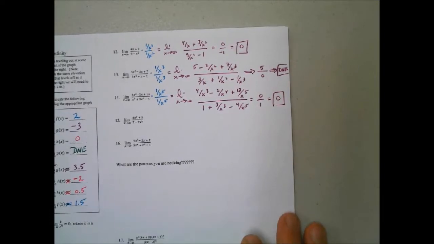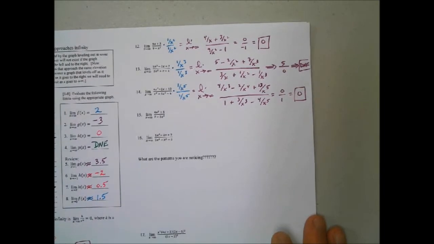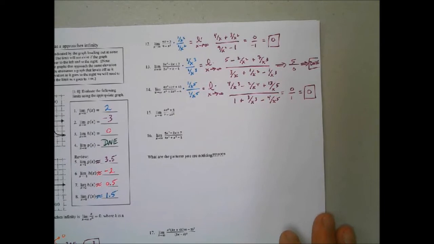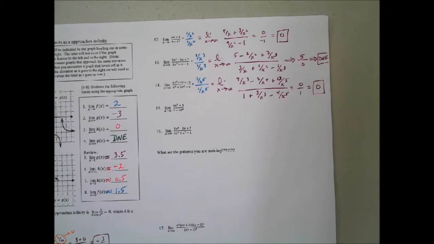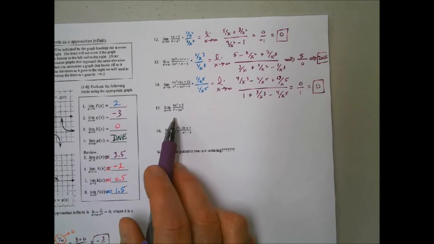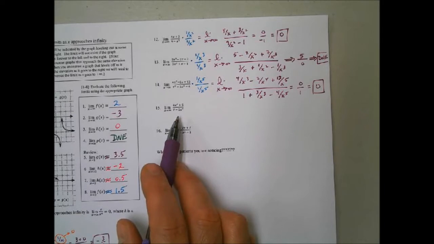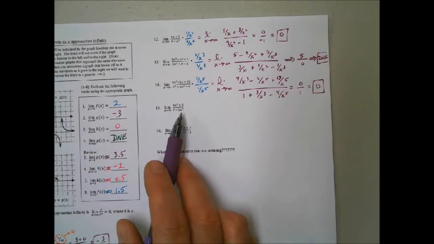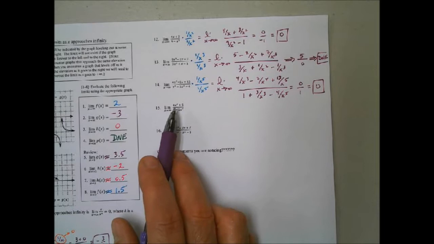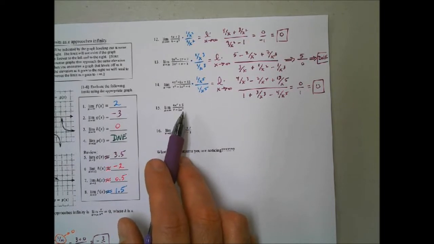Now, I said that we're going to be doing some shortcuts. Hopefully you've been trying to pay attention and notice some patterns here. Anybody just look at the next one, maybe have an idea of what you think the limit's going to be? What do we notice? I noticed that the highest power of x is the same in the top and the bottom. The degree in the numerator and the degree in the denominator is the same.